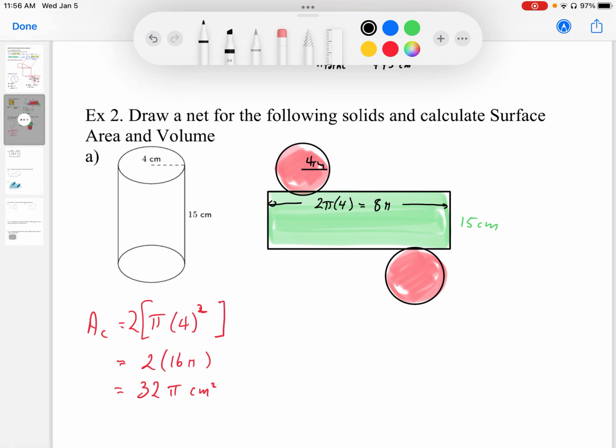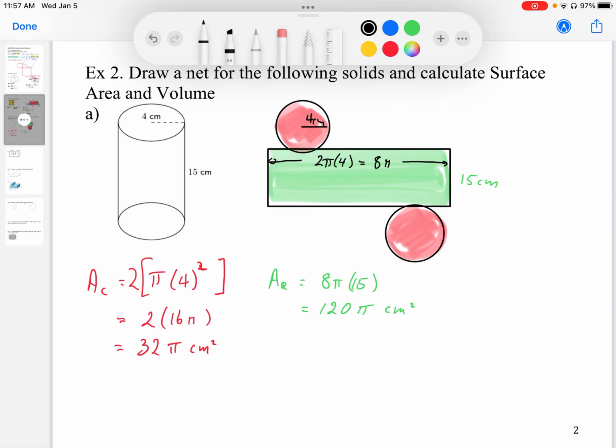So then the area of that rectangle, which is a side surface, is going to be 8 pi, which is the width, times 15, which is the height, and that's going to give us 120 pi centimeters squared.